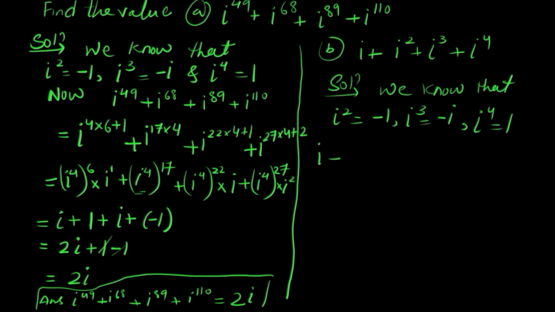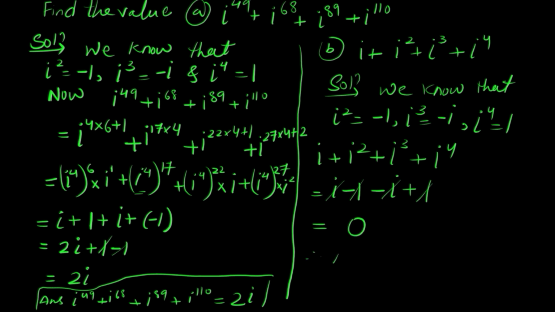So i plus i square plus i cube plus i raised to 4 is i plus minus 1 plus minus i plus 1. Finally, i and minus i cancel out, plus 1 and minus 1 cancel, and the answer is 0. Therefore, i plus i square plus i cube plus i raised to 4 is equal to 0.